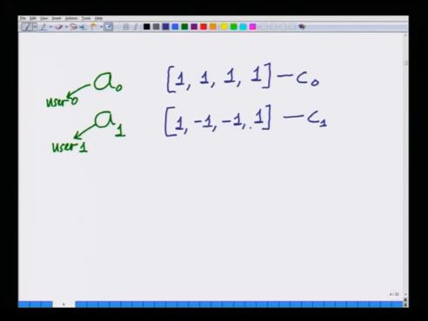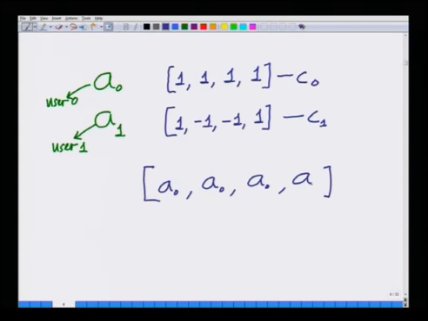Now, to transmit the signal, I will take A0 and multiply it by its code 1, 1, 1, 1, that will give me the sequence A0, A0, A0, A0.